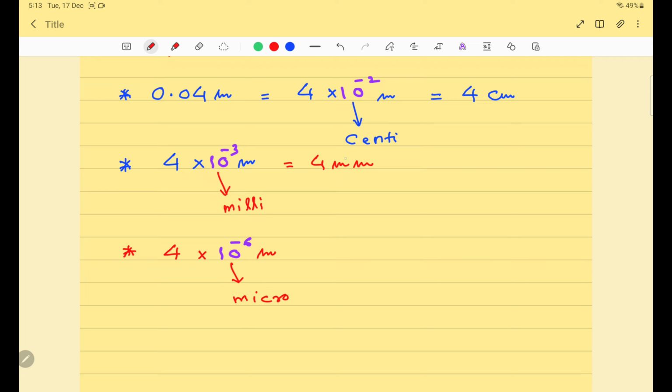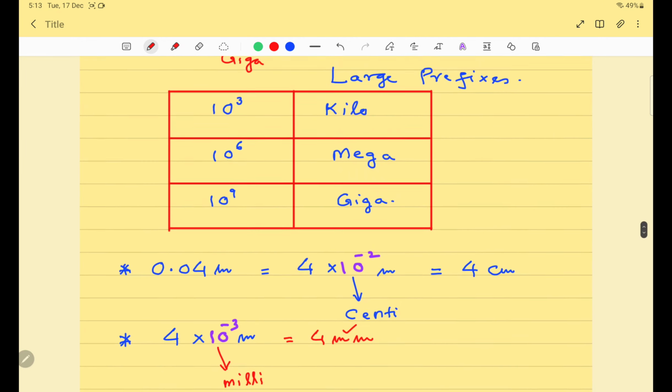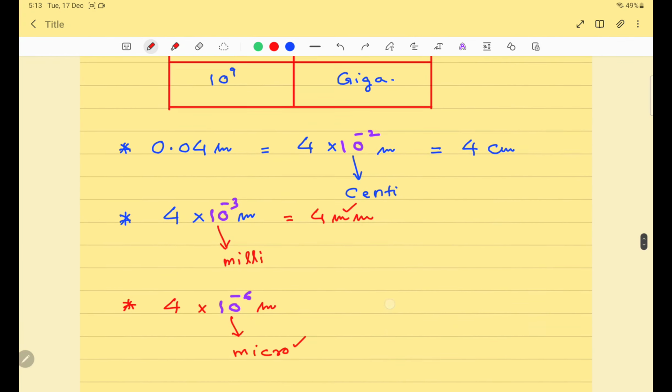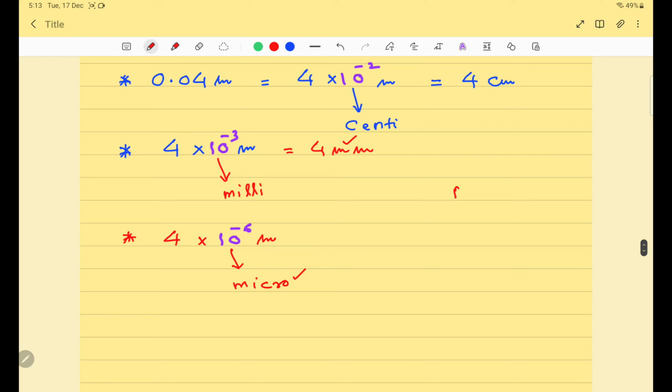And you know the spelling of milli and micro and mega all starting with M, so it makes confusion. So it is fixed. Mega is always expressed by capital M because it is a large prefix. Milli is a very small prefix, so it is expressed by a small letter m.